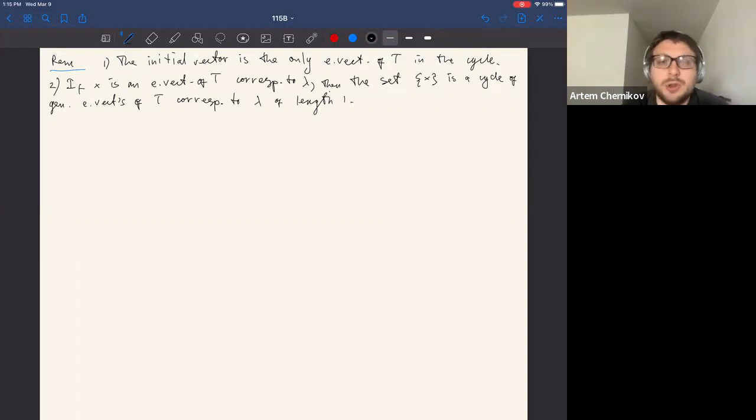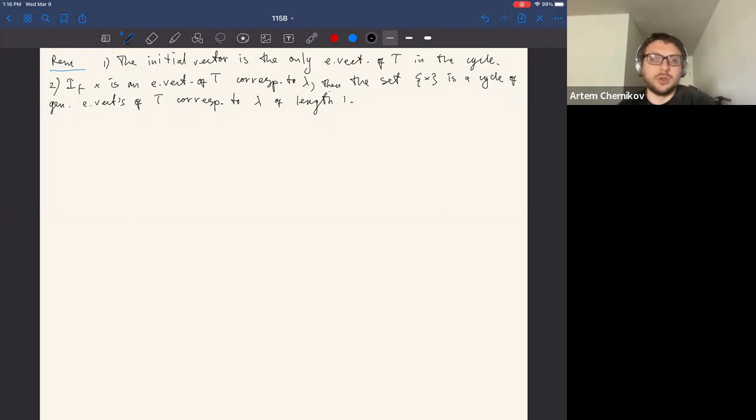Okay. So the point of this cycle is that we start with a generalized eigenvector, then we apply the operator to it p minus 1 times, and eventually we get an actual eigenvector for T. But if you start already with x, an eigenvector of T, then there's no point of applying the operator any further, because then we already know that (T - λI)(x) is equal to 0. So it works with p equal to 1. So in this case, we get a cycle of generalized eigenvectors, which is just of length 1.